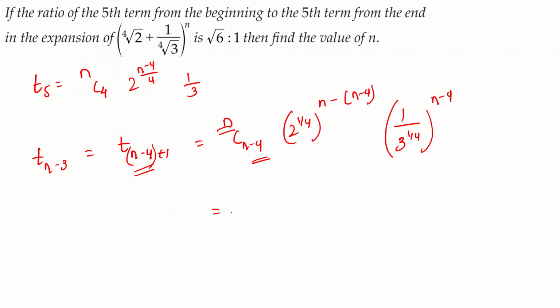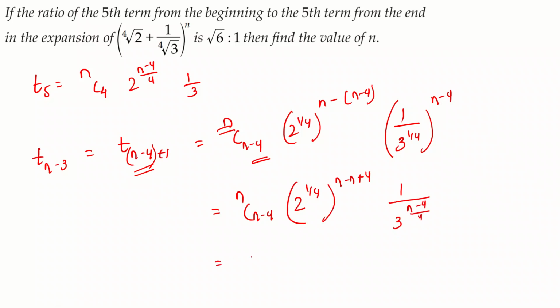Alright, so it is nC n minus 4, 2 to the power of 1 by 4, whole to the power of n minus n plus 4, and 1 by 3 to the power of n minus 4 by 4.